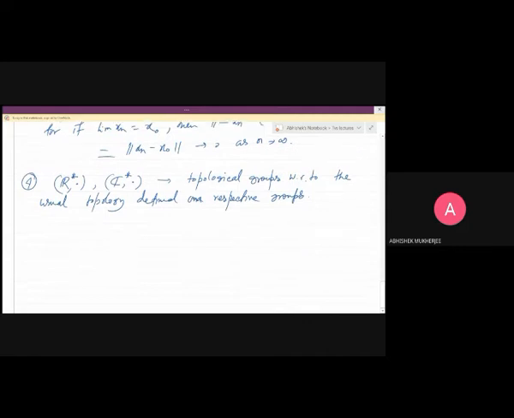Now we need to have an example which is not a topological group.